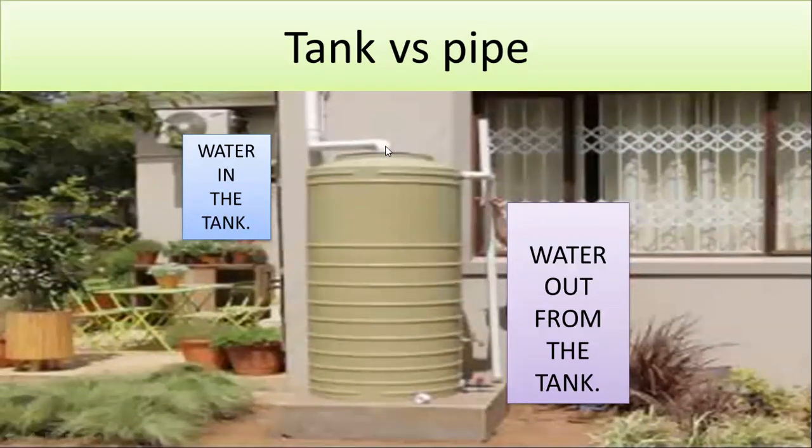One brings water into the tank, and another one is water out from the tank, so it is the exit line, and this is the in line where water enters the tank. Okay, this is the main concept. So we think of these two as pipes where water comes through one and goes down from the other.